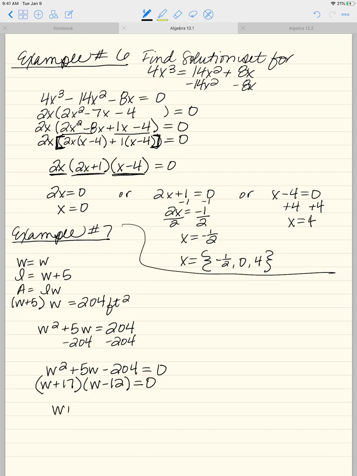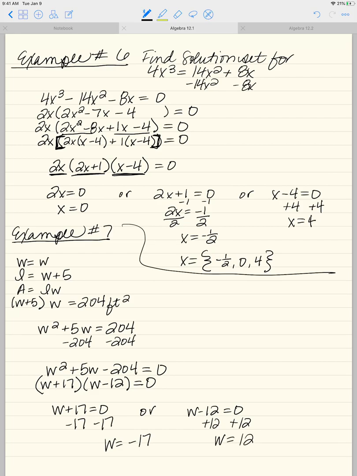So W plus 17 is equal to 0, or W minus 12 is equal to 0. Subtract 17 from both sides, add 12 to both sides. W is equal to negative 17, or W is equal to 12.